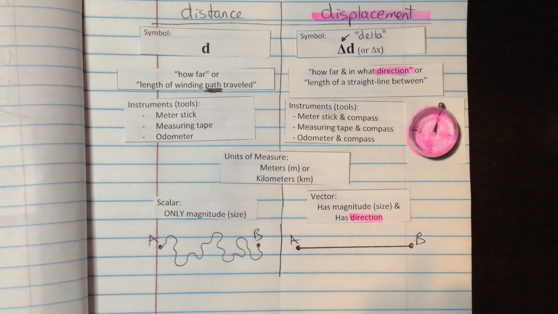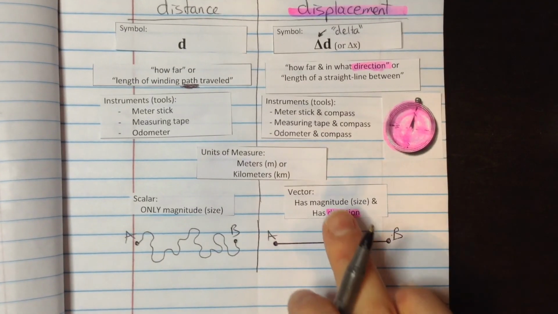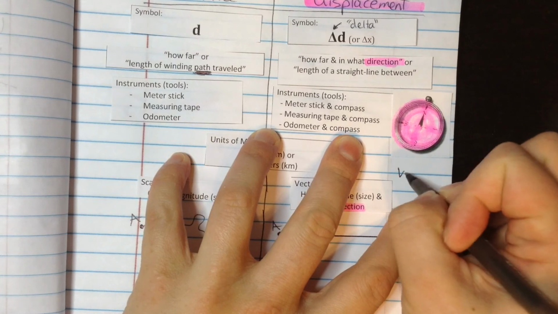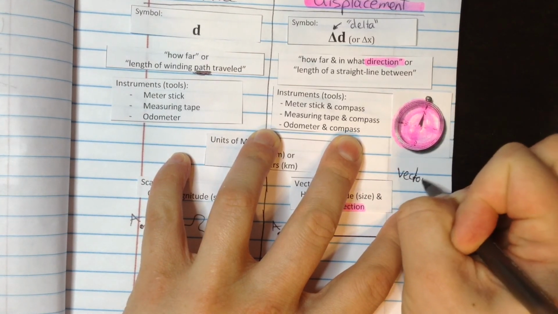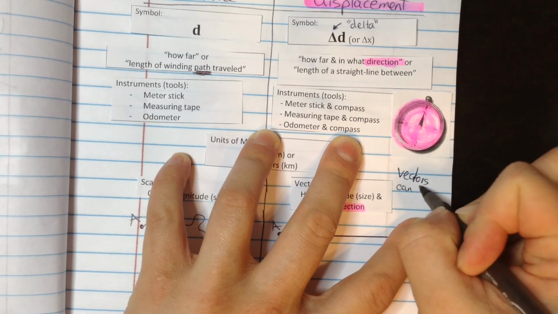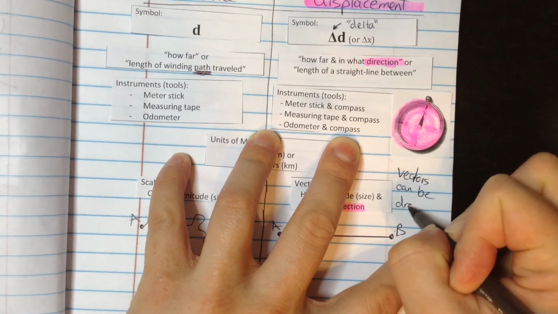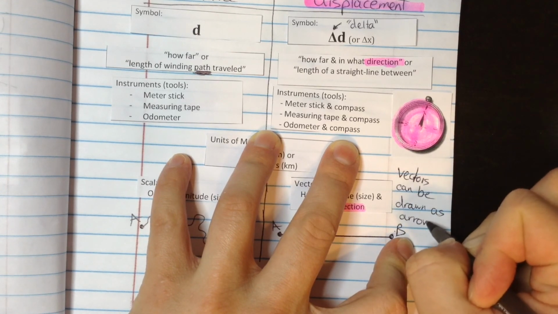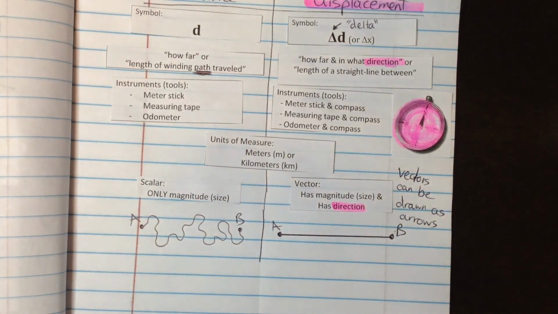Now, here's the interesting thing about vectors. Vectors can be drawn as arrows.